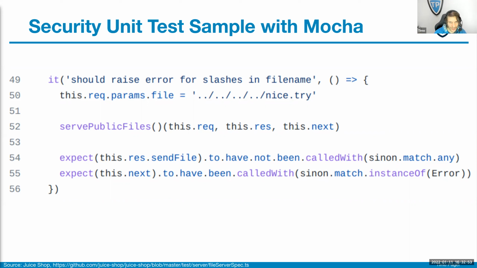We expect that the send file has not been called, and we expect that we have an instance of error here. That is our two expectations. So that is a security test.